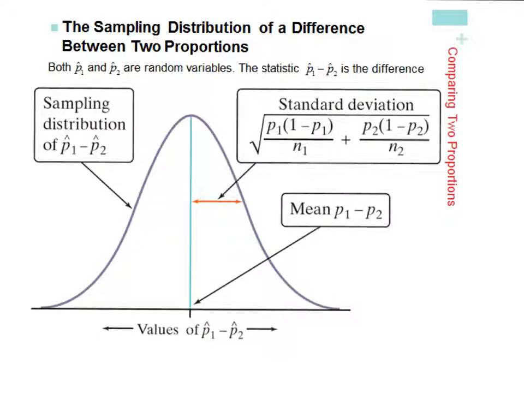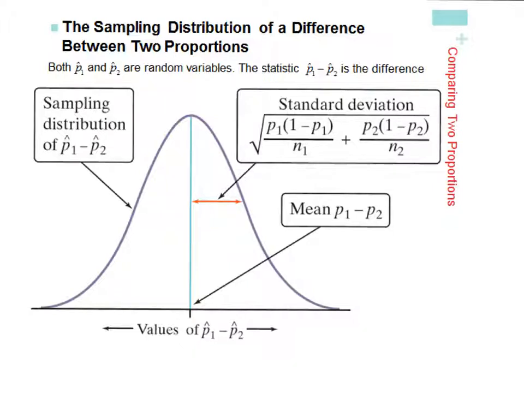Okay, so we're still going to want to work on a normal curve. We'll have to verify that we have enough data to do it, as always. Standard deviation formula is a little bit of a step up. It should remind you of the single proportion formula.